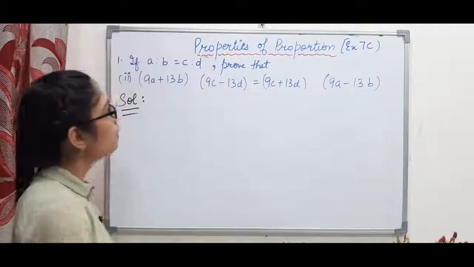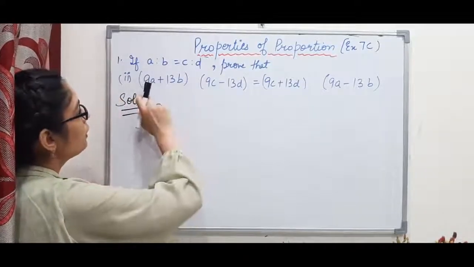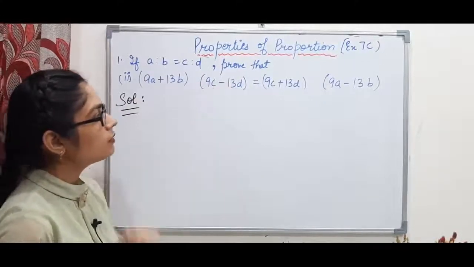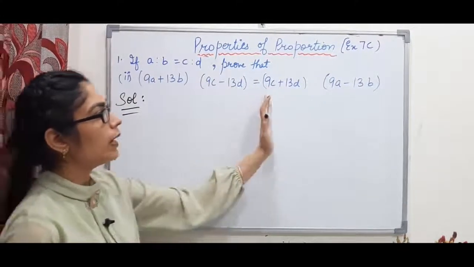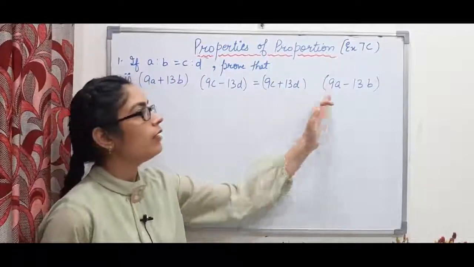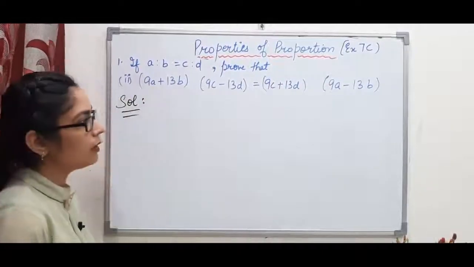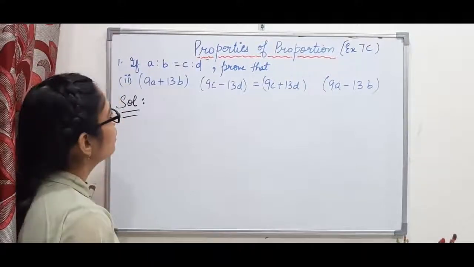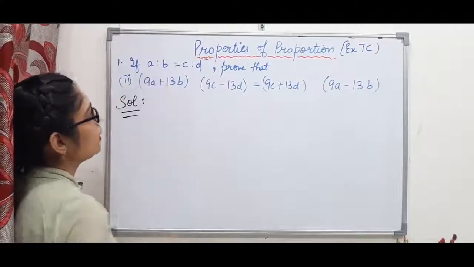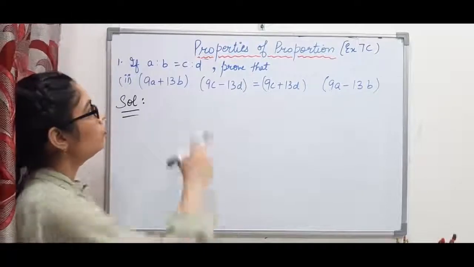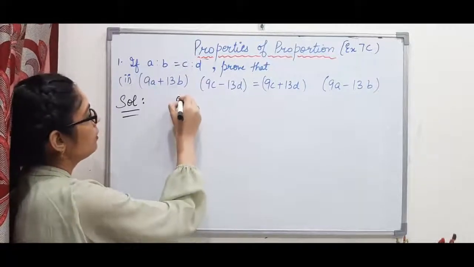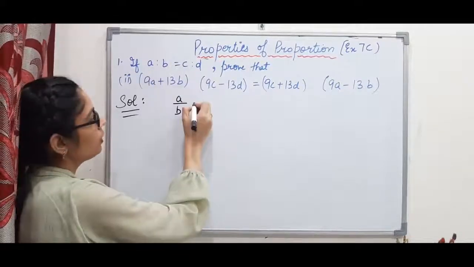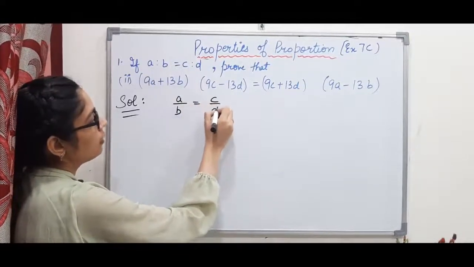In the second part, we have to prove 9a plus 13b into 9c minus 13d is equals to 9c plus 13d into 9a minus 13b. So it's similar to the first one which we did. See, this is given to us. A is to b is equals to c is to d. So I can write the given thing, a by b, in this form, is equals to c by d.